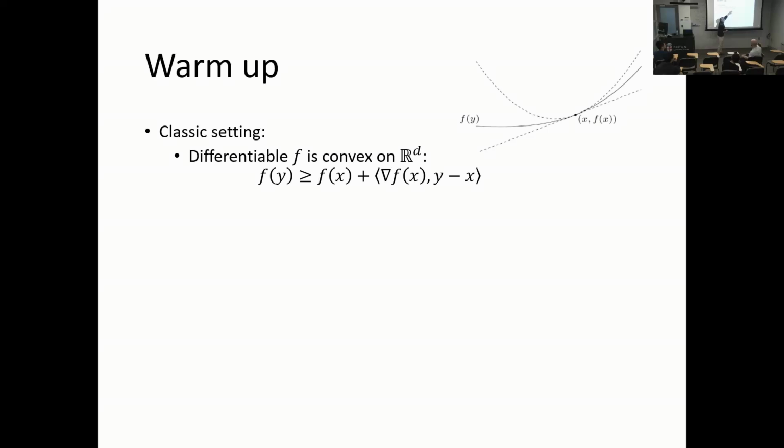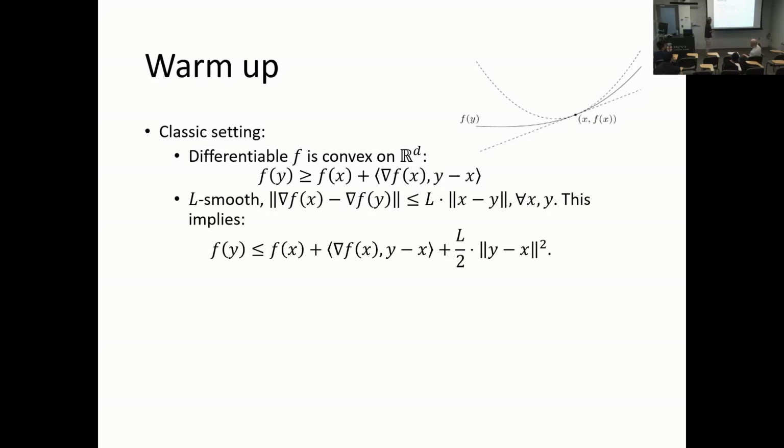It's a lower bound on the function everywhere, even if you're very far away. That is an important case, because you can say something about the global picture even if you just look locally. That's why it is a very powerful assumption to have a convex function.